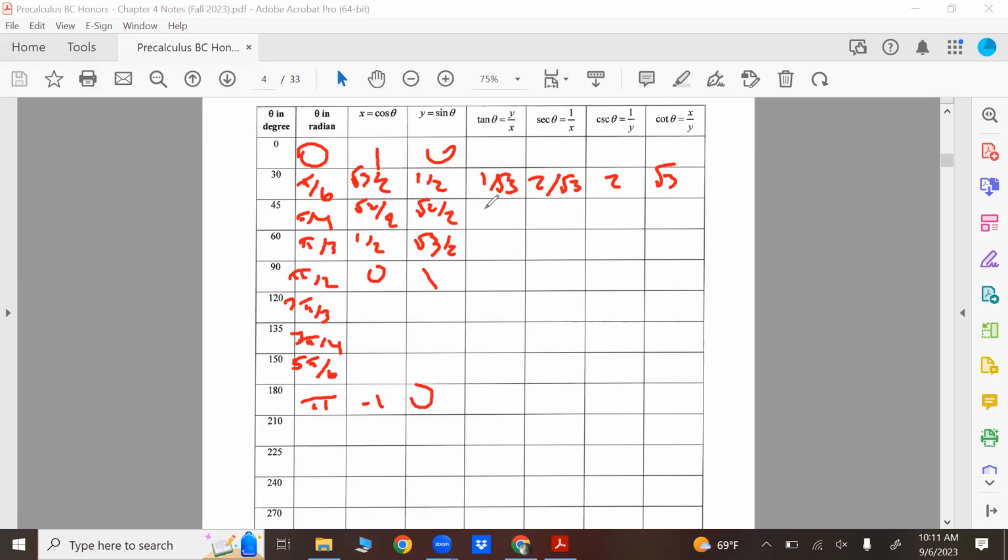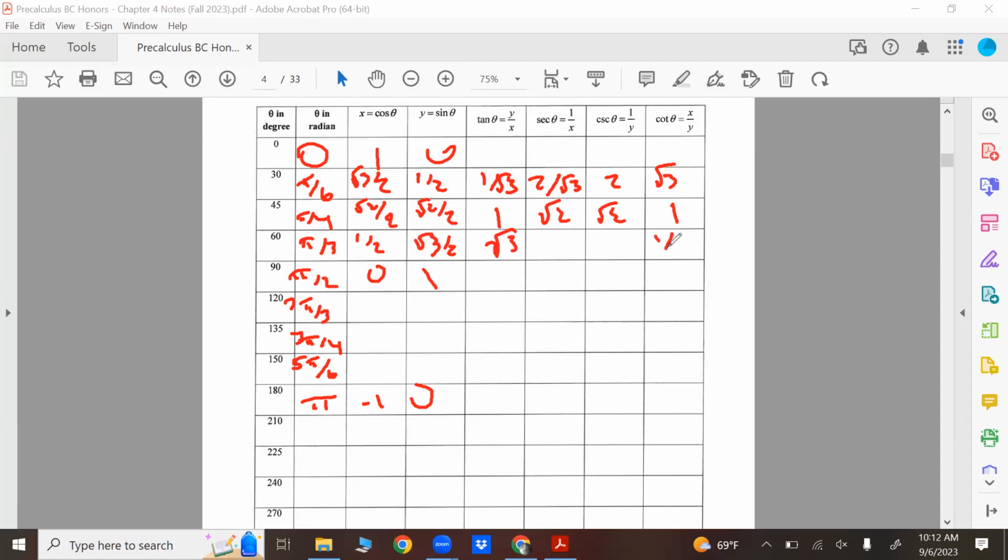Here, tangent will be 1, but secant's 2 over root 2, 2 over root 2, and that will also be 1. And by the way, 2 over root 2 is root 2, in case you're curious. Those are actually just root 2. And then, of course, here, this is root 3.